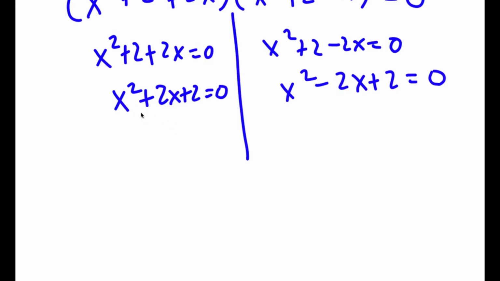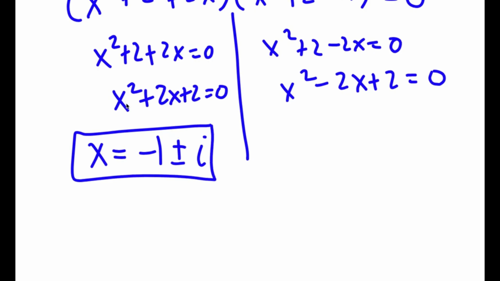If you go ahead and plug this into the formula and simplify, you get that x is equal to -1 plus or minus i. So these are the two solutions for x squared plus 2x plus 2 equals 0. And for x squared minus 2x plus 2, you get x is equal to i plus or minus 1.